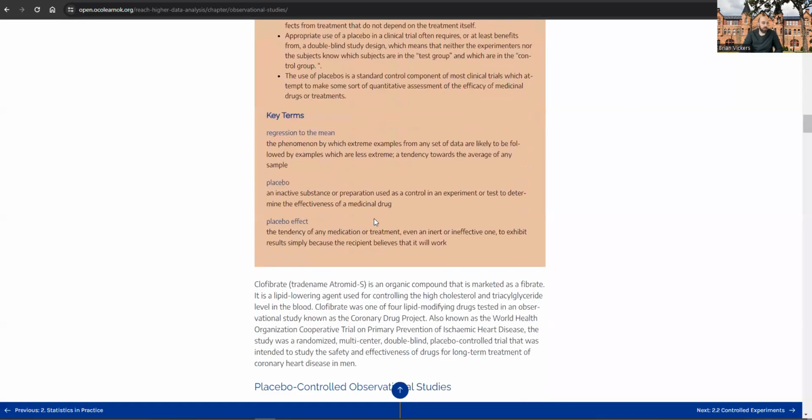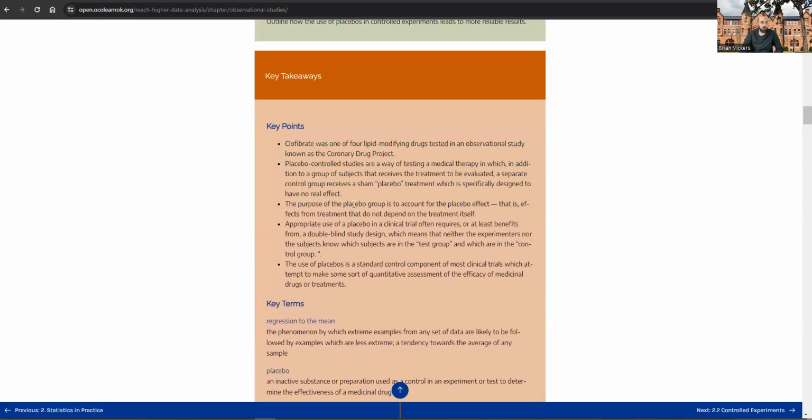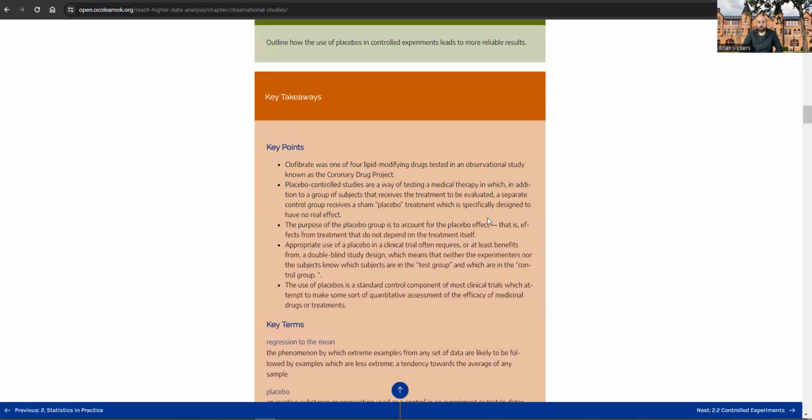And then you observe the effects on them to see if the drug is worth pursuing as a possible fix for the heart disease or whatever other ailment you're trying to solve via some drug trials.